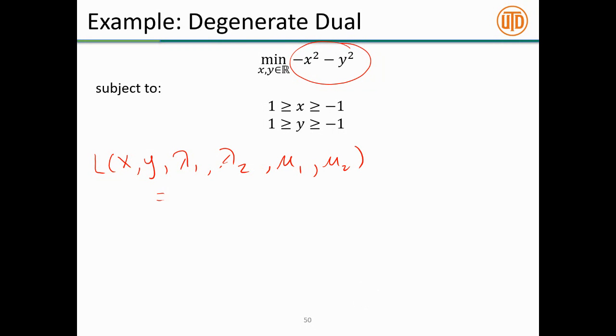So the Lagrangian looks like this. It's minus x squared minus y squared plus lambda 1 times, well, x has to be greater than or equal to -1, but we have to put it in standard form, so it's -1 minus x less than or equal to 0.